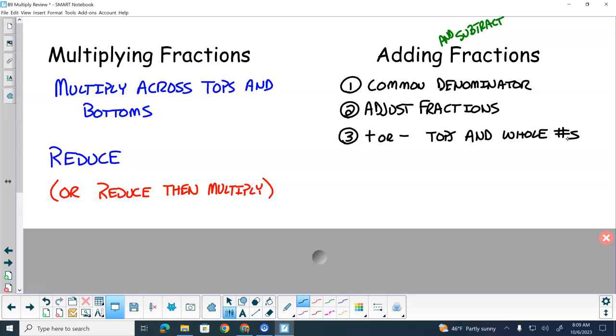It stays the same, it stays the common denominator. And lastly, step number 4. Reduce. Yep, reduce. Okay. Questions on any of that?